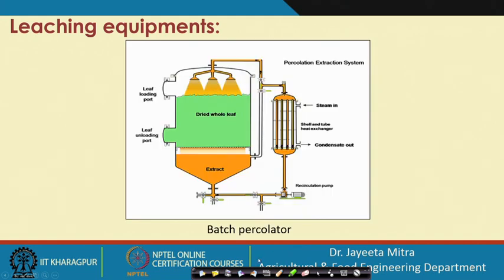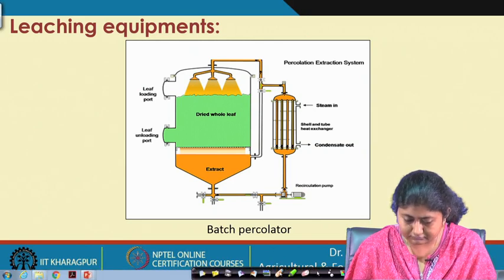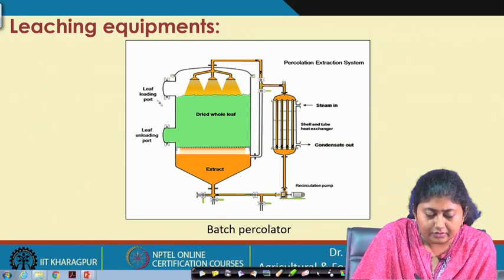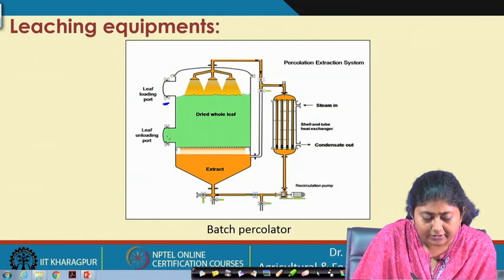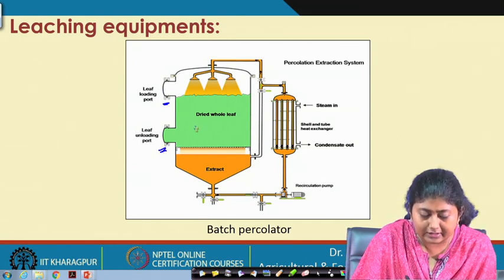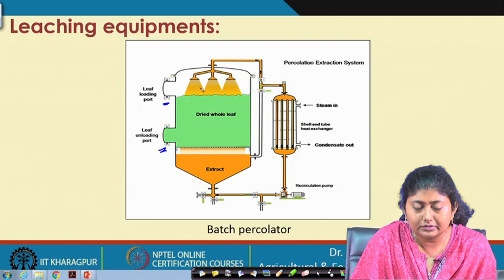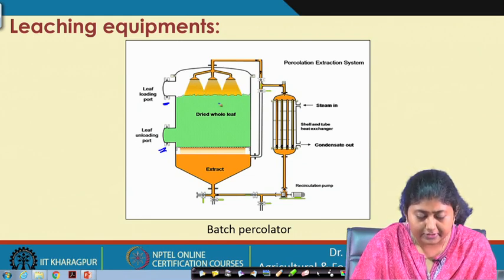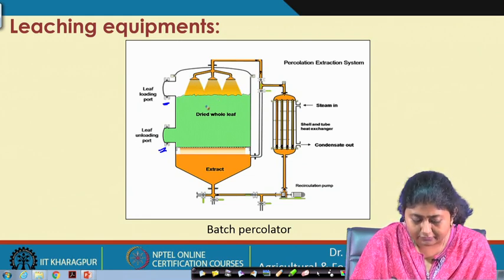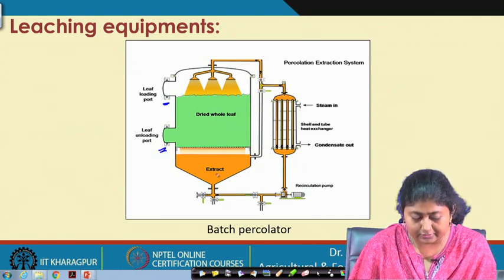So, if we see the batch percolator, here there is a loading port and an unloading port. Okay. So, material is loaded from here and unloaded from here. We have a percolation extraction system where the solvent is sprayed from the top, and while percolating through the bed of particles, the extraction is done and the extract is collected at the bottom.